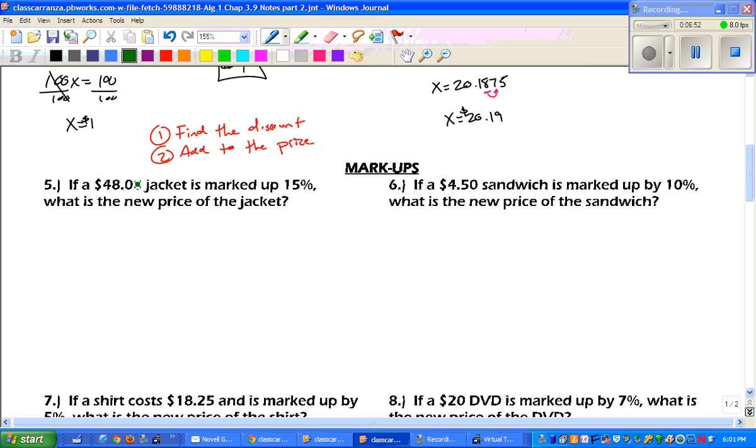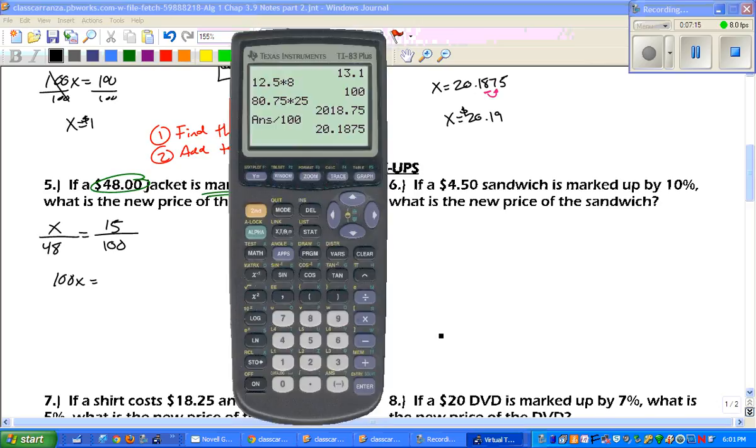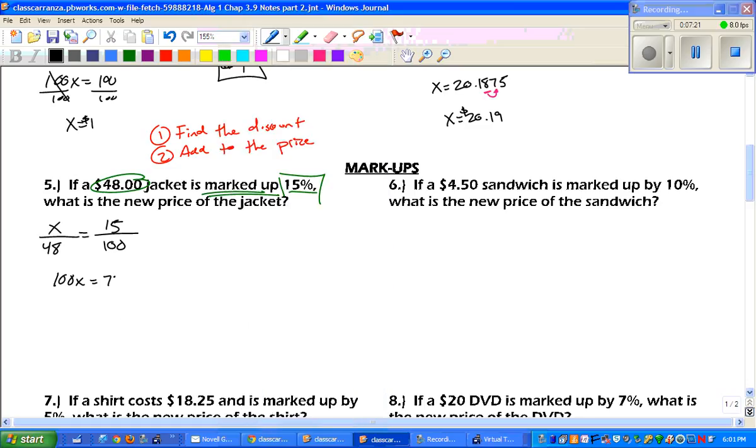So if a jacket is $48 and is marked up 15%, what is the new price? So x, 48, it's up 15. Cross multiply, you get 100x equals 15 times 48, 720.